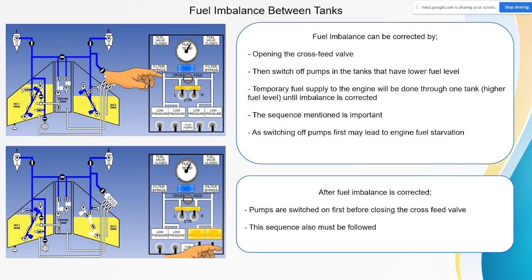So the imbalance, like I said, imbalance doesn't mean 10 kg, 20 kg, right? Depends on the design, you are more than 100 kg or 200 kg. So for this to happen is unlikely, because when the aircraft is flying, by the design of the aircraft, if there's an imbalance on one side, you can feel the aircraft trying to roll already, because the wing is heavy on one side.